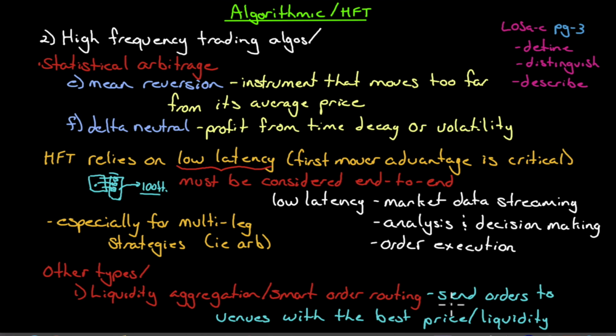So let's say that you have a market price, but you have very large liquidity. It might make the decision that being at a different exchange with a different price is better for you because it has much more liquidity. It will reduce the impact. So smart order routing and liquidity aggregation is another type of application of high frequency trading. We're going to say more about liquidity aggregation later, so I'm just going to leave it there.